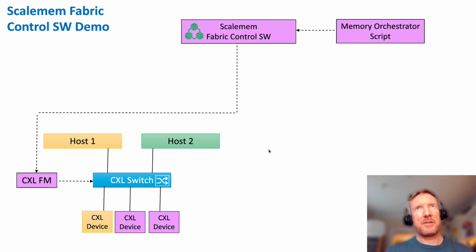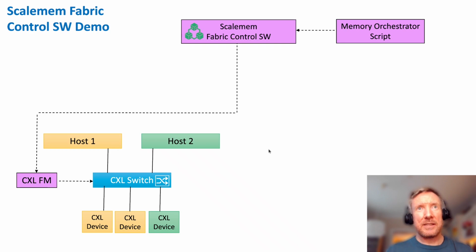And we have a couple of simple workloads running on these hosts that just consume and release memory in a cycle over time. Host 1 is getting low in memory. We're allocating another device. In the meantime, host 2's utilization increases and the script allocates a device to host 2.